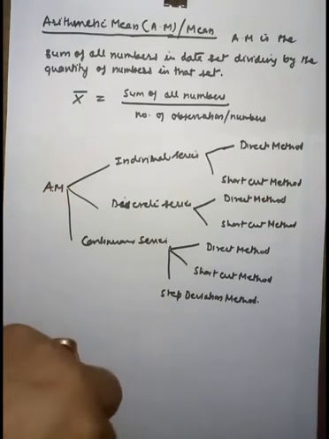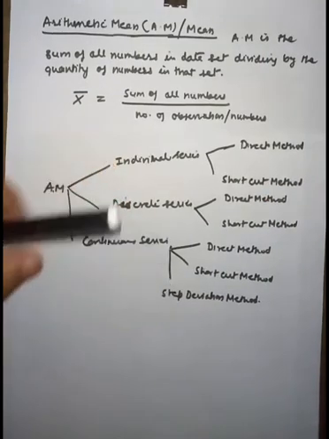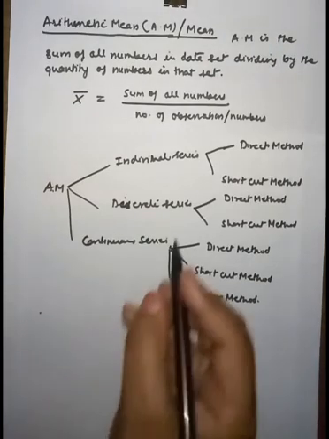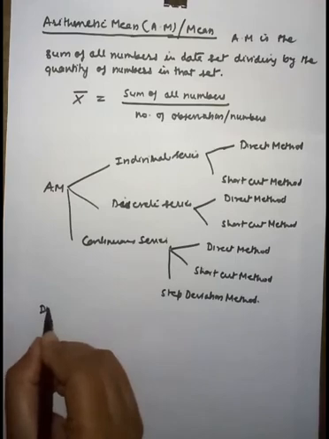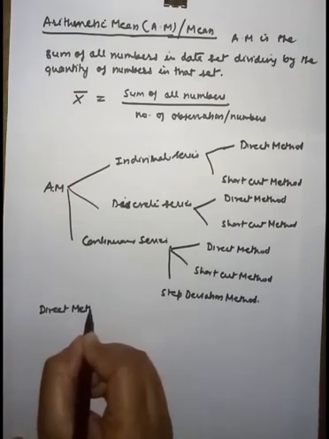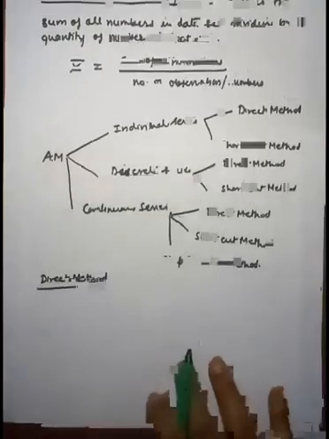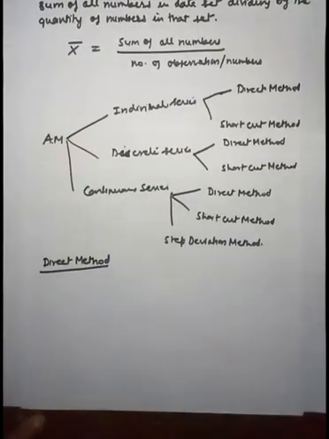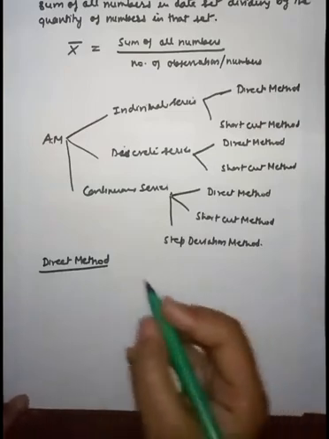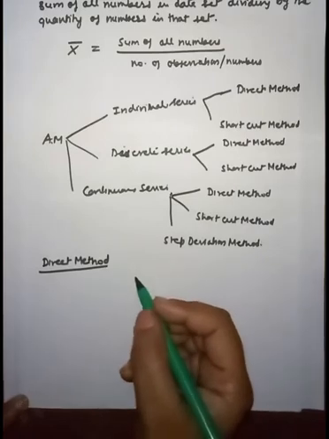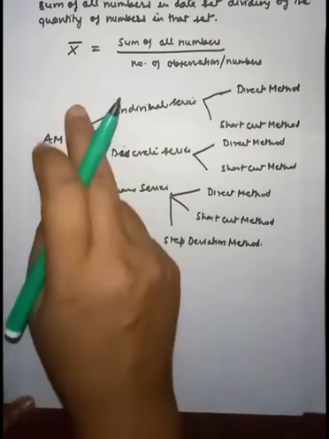So what is the formula of the direct method? First I will define the direct method. I will take the individual series. For direct method, we use the same formula: sum of all the numbers divided by the number of observations.